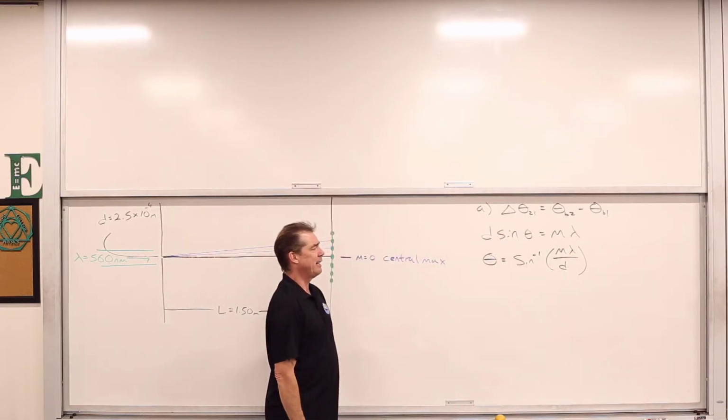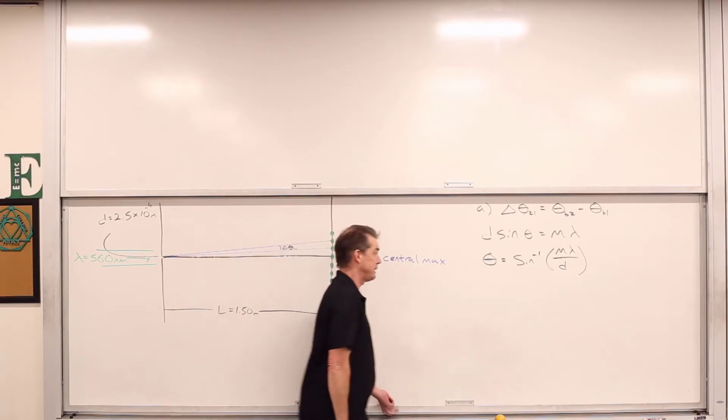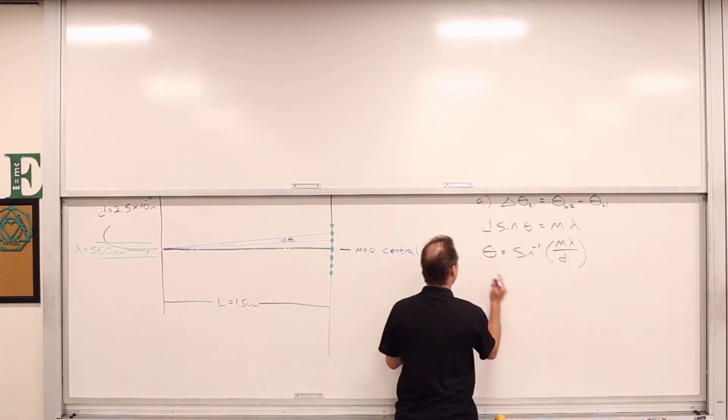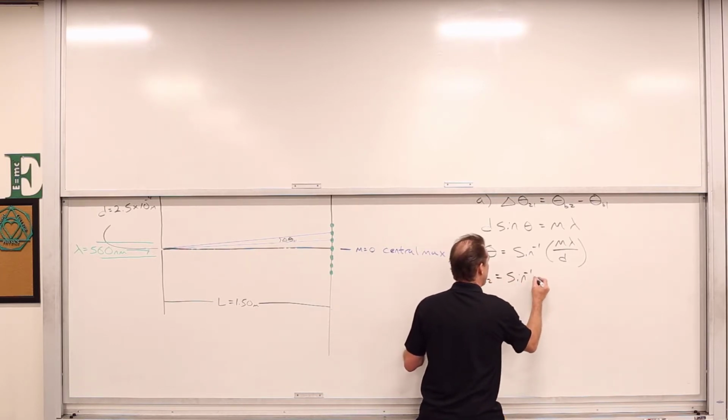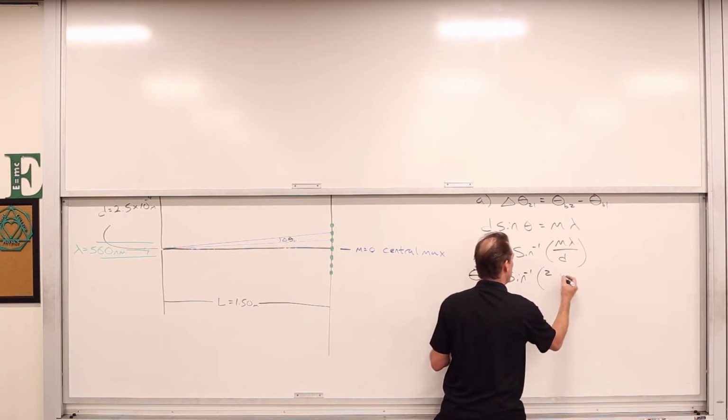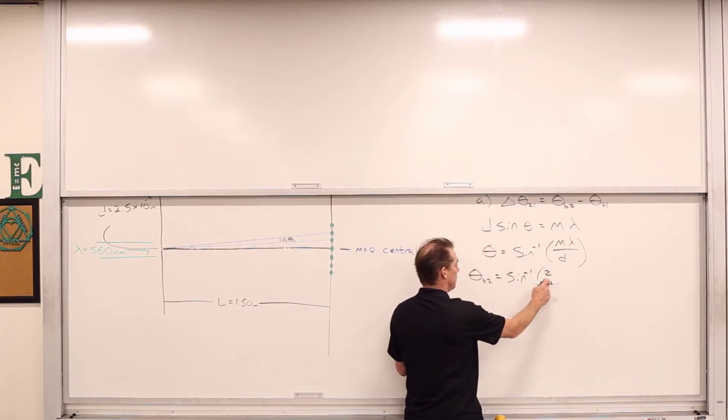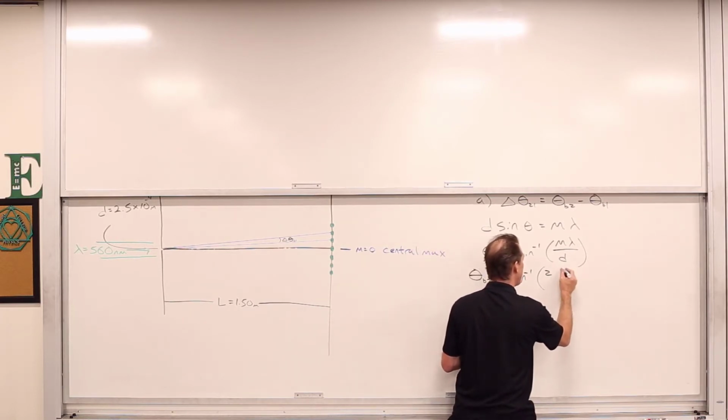And then we can go ahead and throw in our particular thetas that we want. So we're going to get ourselves theta B2 is going to be equal to arc sine of 2, m is equal to 2, times lambda.